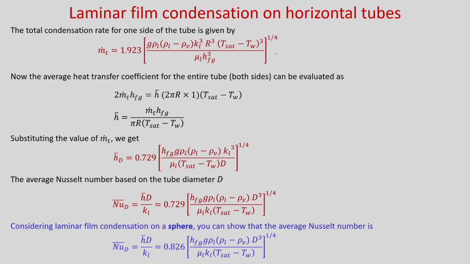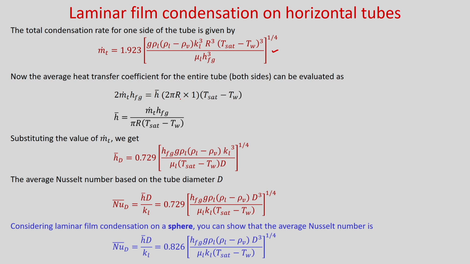You can see that this we have already derived. Now, the average heat transfer coefficient for the entire tube, both sides, can be evaluated as follows. 2 m dot t h fg, that is the total heat transfer rate, is equal to h bar into A into (T sat minus T w). What is the area?